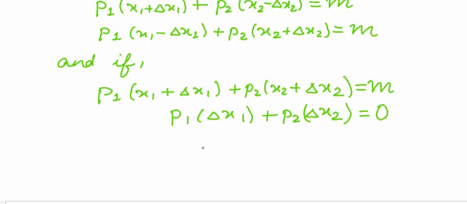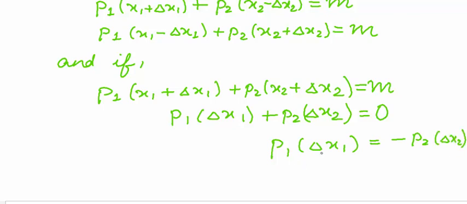Now solving for delta X1 by delta X2, we can write P1 delta X1 is equal to minus P2 delta X2.